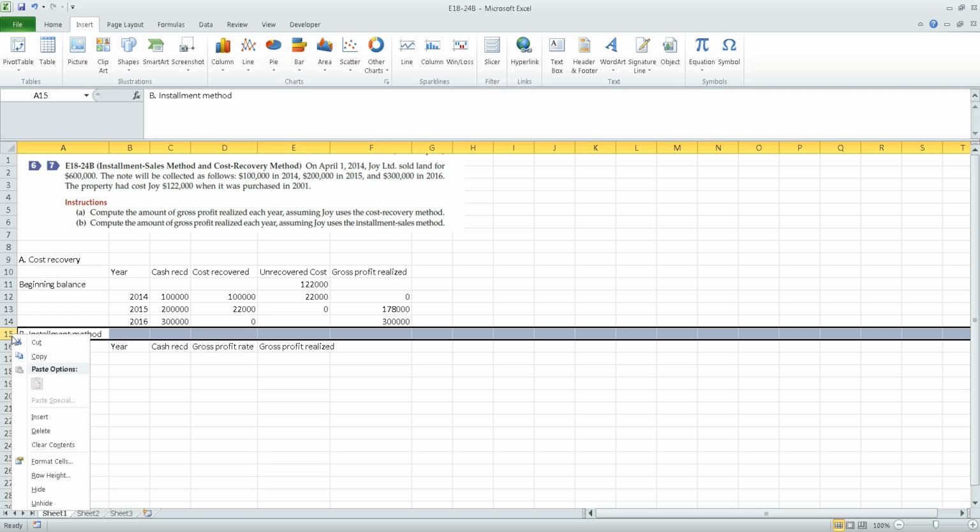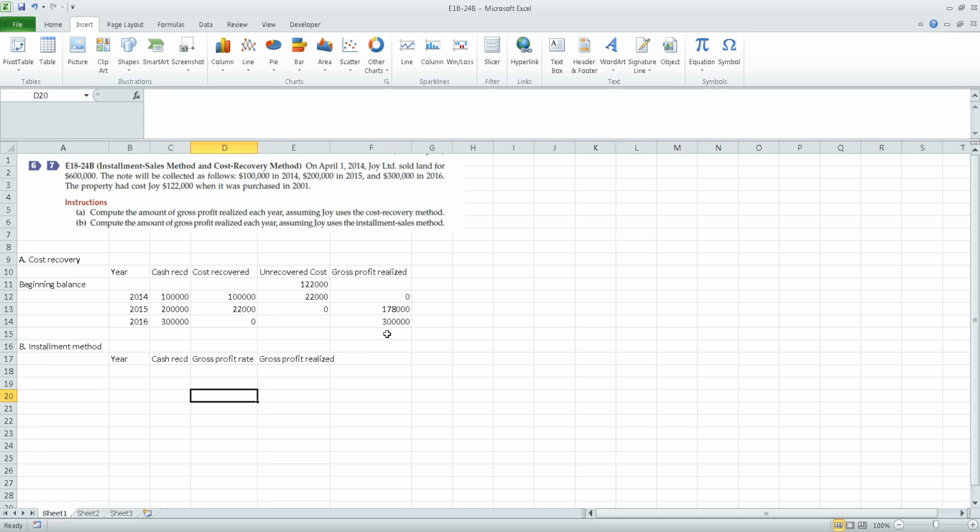So let's add a row here so that we can sum up what we've got. We have $478,000 of gross profit that we realized. We reported 0 in 2014, 178,000 in 2015, and 300,000 in 2016.